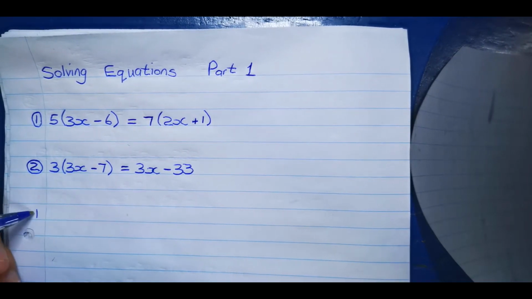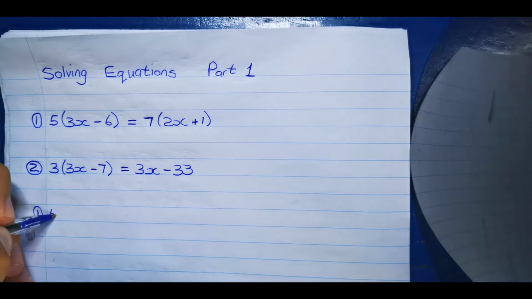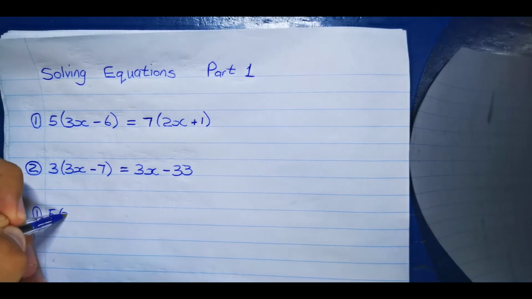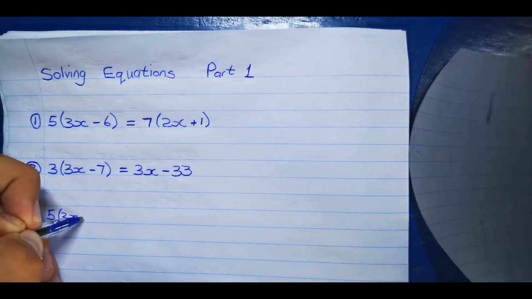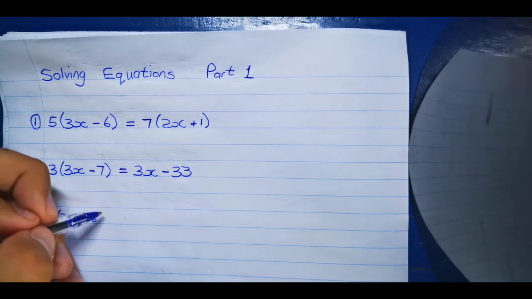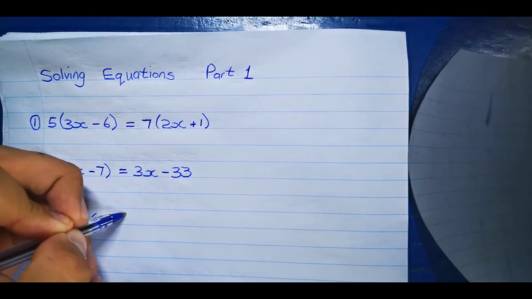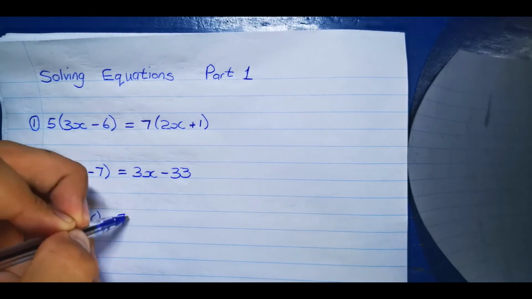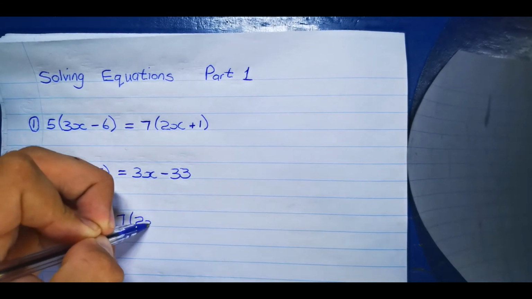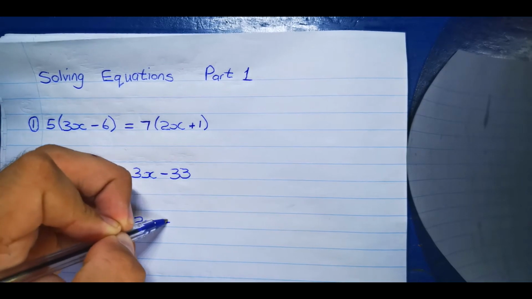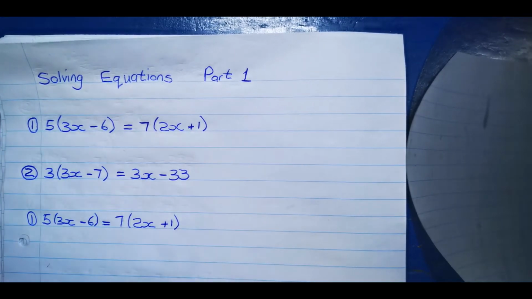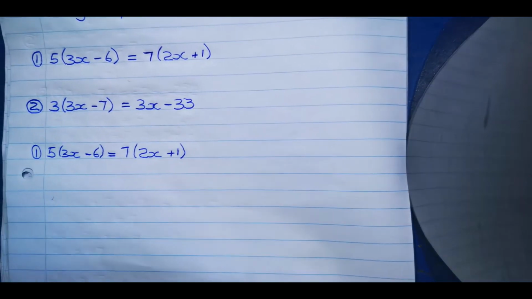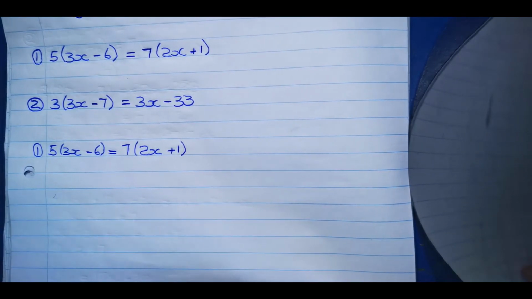The first one is 5 times (3x minus 6) is equal to 7 times (2x plus 1). So the first thing we're going to do is distribute the 5 into the bracket.